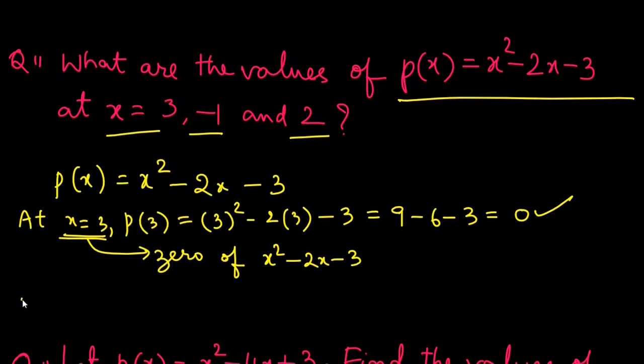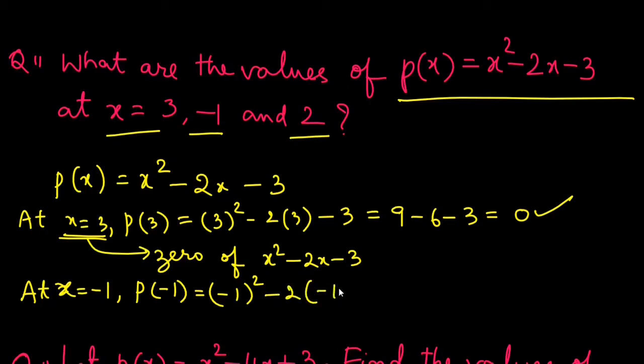Let us see at x equal to minus 1. P of minus 1 is equal to minus 1 whole square minus 2 into minus 1 minus 3.